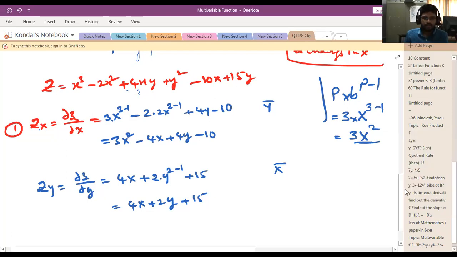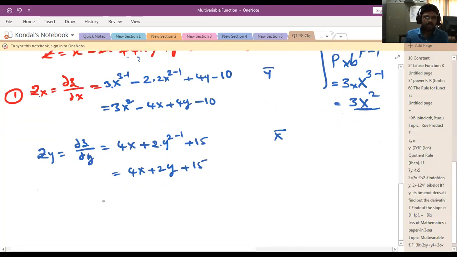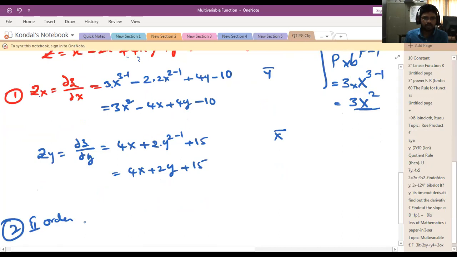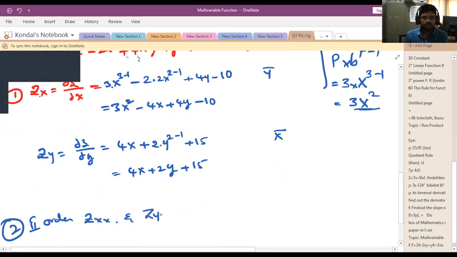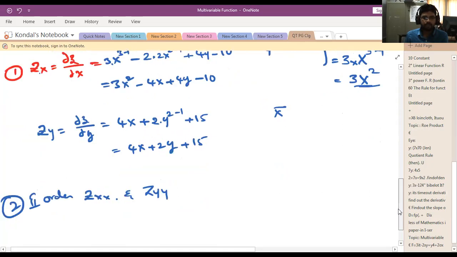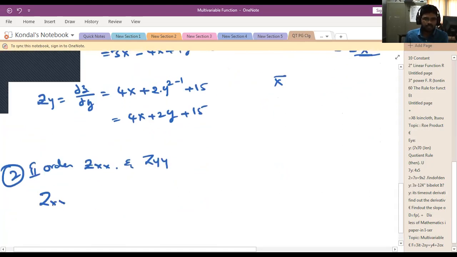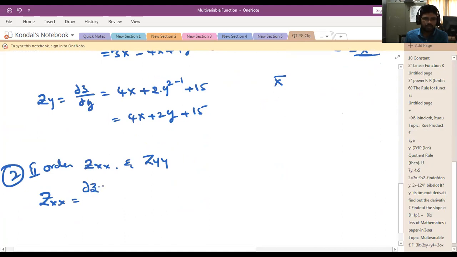Okay, so after completing the first order, we can do the second order, that is called zxx and zyy, right? So here first we can find out zxx. What is zxx? Dou zx by dou x.